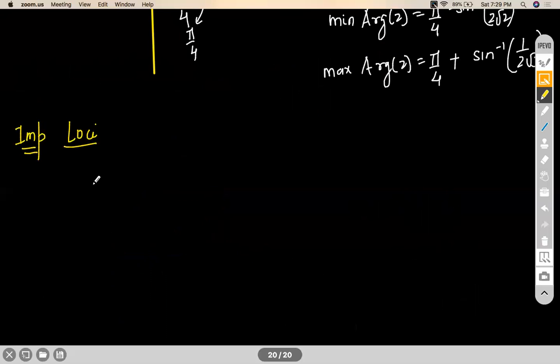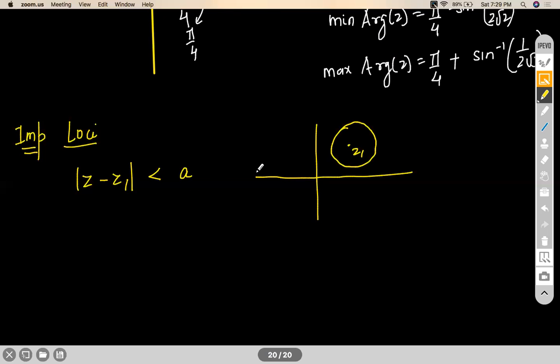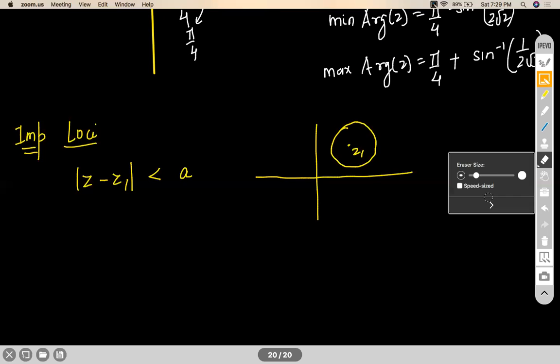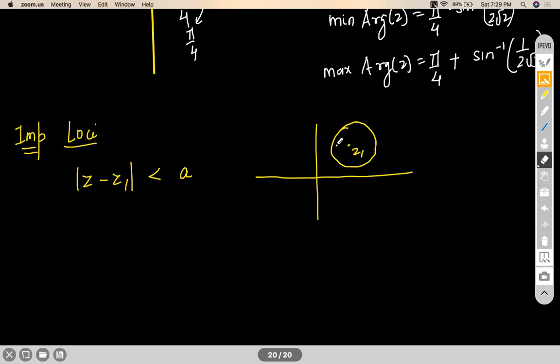If somebody says mod z minus z1 is less than some number a, he basically wants you to draw a circle with center at z1 and radius a, and since it is less than, you will be inside the circle and the boundary will be made with dotted lines.